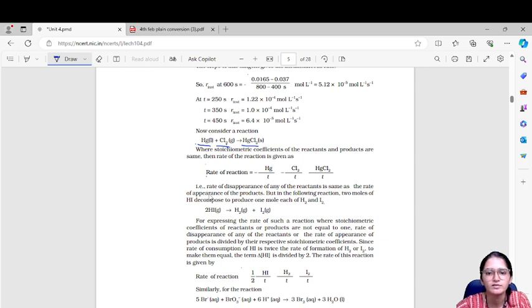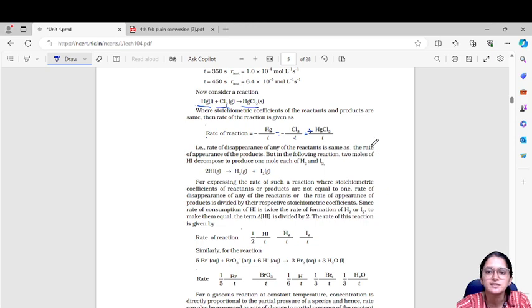Rate of the reaction is given by decrease in concentration of mercury by T, which is also equal to decrease in concentration of chlorine by T, which is also equal to increase in concentration of mercury chloride by T. So this is the equation to show rate of reaction in terms of all three species, that is 2 reactants and 1 product. So rate of disappearance of any reactant is the same as rate of appearance of the product. That means the rate at which reactants are decreasing will always be equal to the rate of appearance of any product.